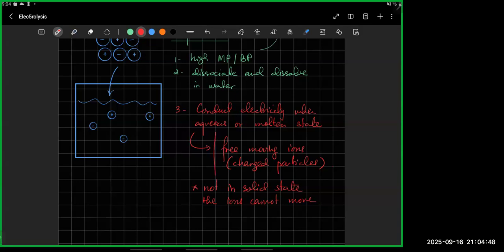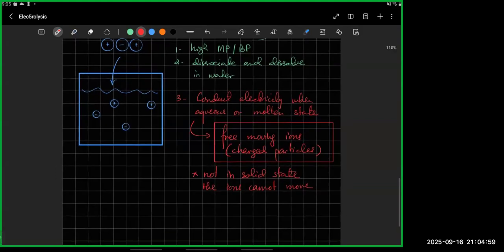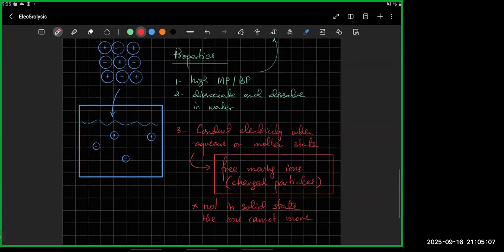So free moving ions, they will ask you this a lot. That's the important thing. Dissociation is all in water. Now, that's about electrical conduction and the properties of ionic compounds, that they dissolve and dissociate.